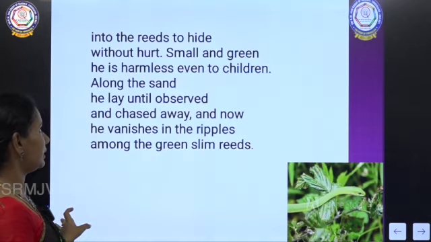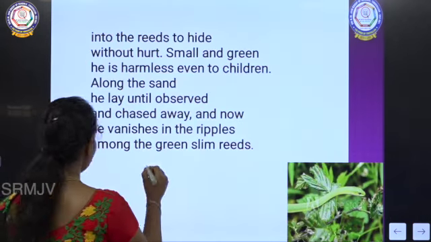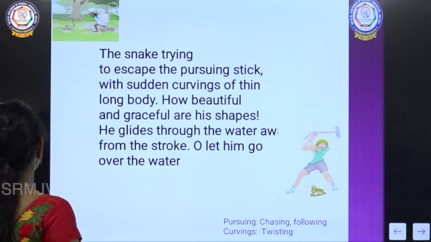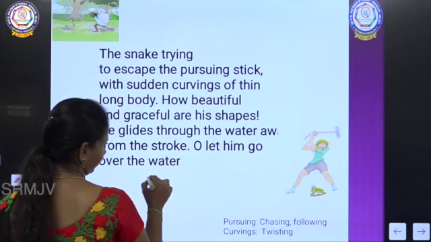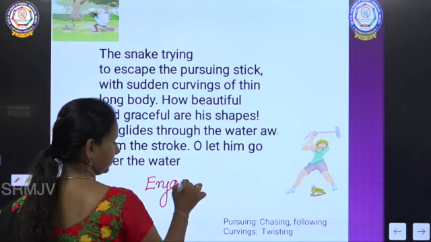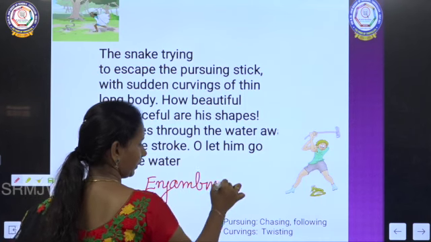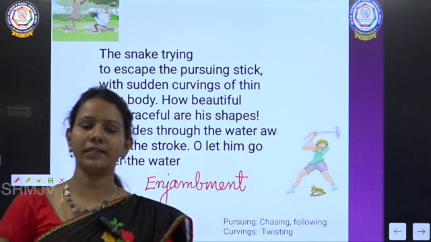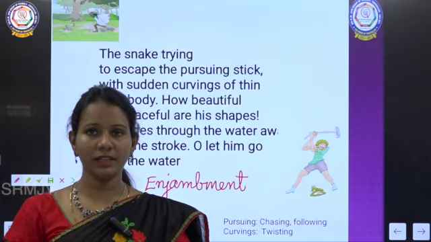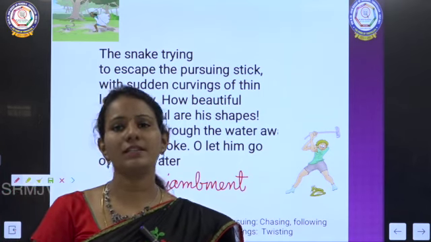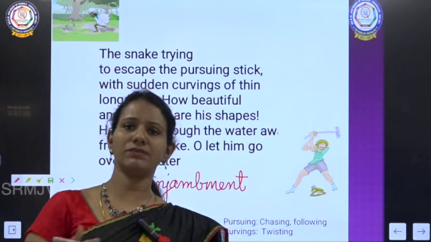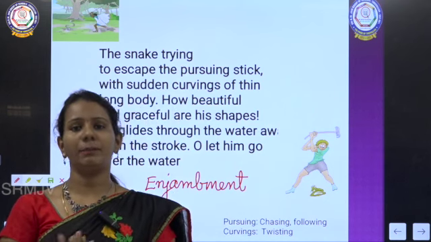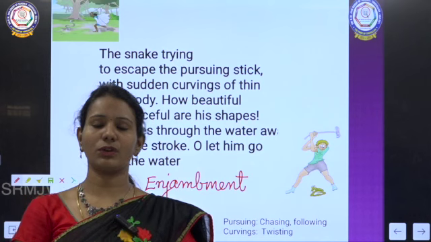What is enjambment? Enjambment is the continuation of an idea from one line to the next line, or consecutive lines, and the lines will not be separated with any punctuation marks. That is called enjambment.